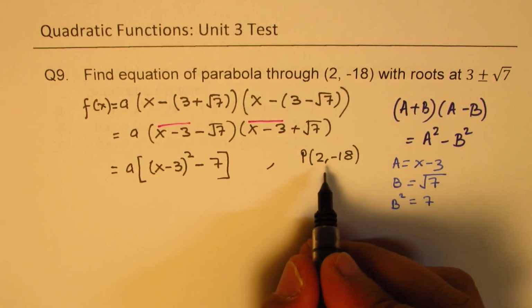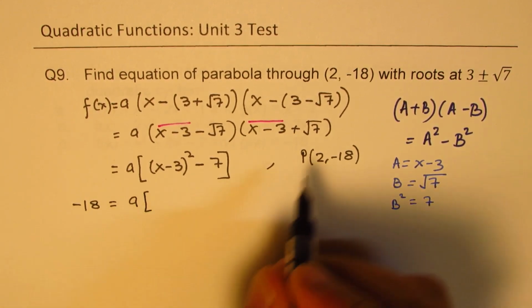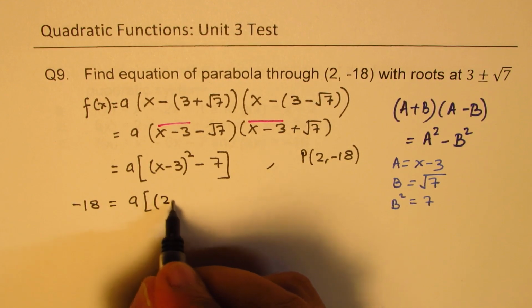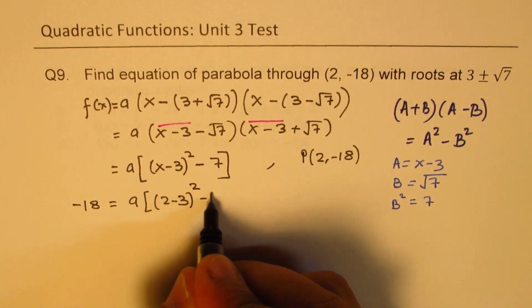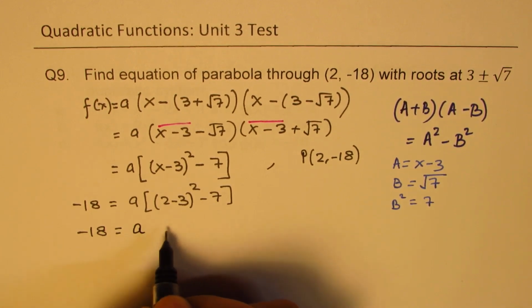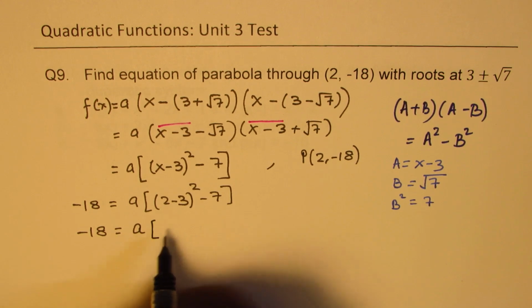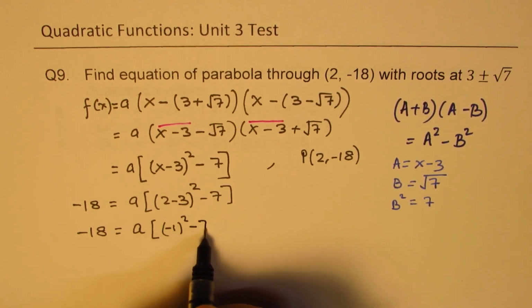So let's find a. So we have minus 18 equals a times, I'm substituting 2 here, right? So 2 minus 3 whole square minus 7, right? Now 2 minus 3 is minus 1, right? So we get minus 1 square minus 7.